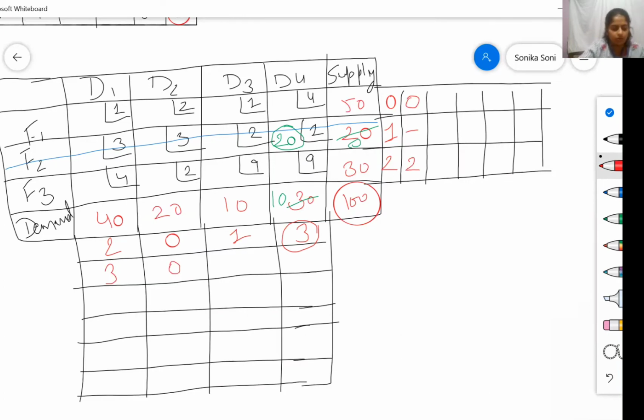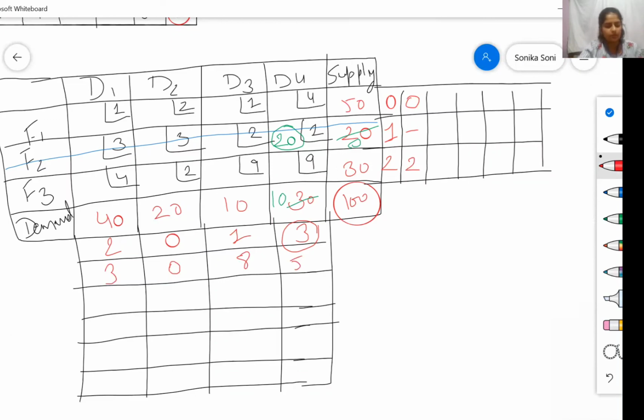Then in the third column we have F1D3 as 1 and F3D3 as 9, so the difference is 8. Then in the D4 column we have F3D4 as 9 and F1D4 as 4, so the difference is 5.